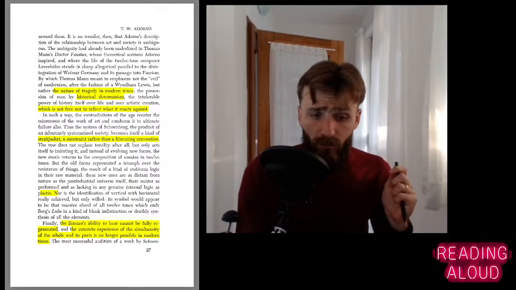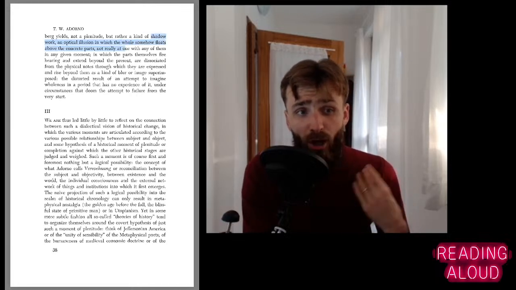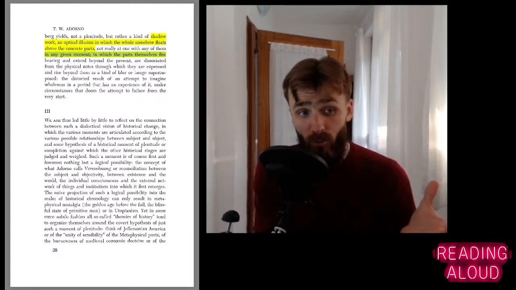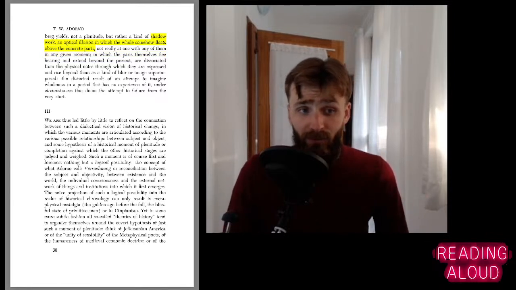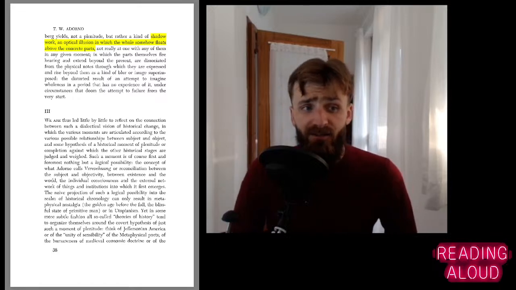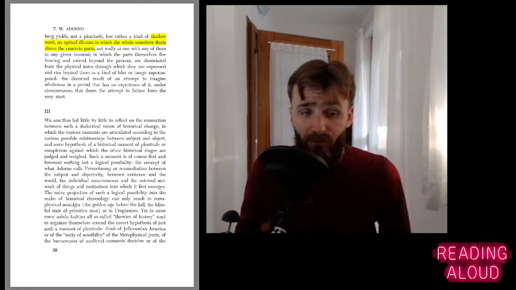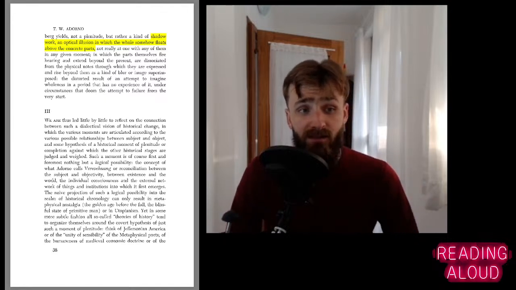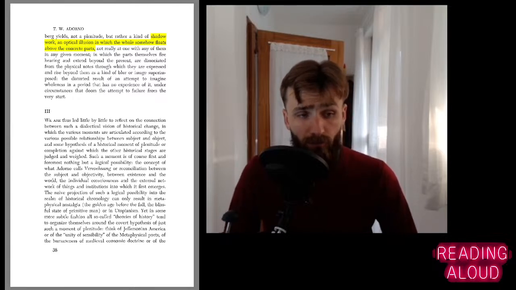The most successful audition of a work by Schoenberg yields not a plenitude, but rather a kind of shadow work, an optical illusion in which the whole somehow floats above the concrete parts, not really at one with any of them in any given moment, in which the parts themselves flee hearing and extend beyond the present, are disassociated from the physical notes, through which they are expressed, and rise beyond them as a kind of blur or image superimposed.